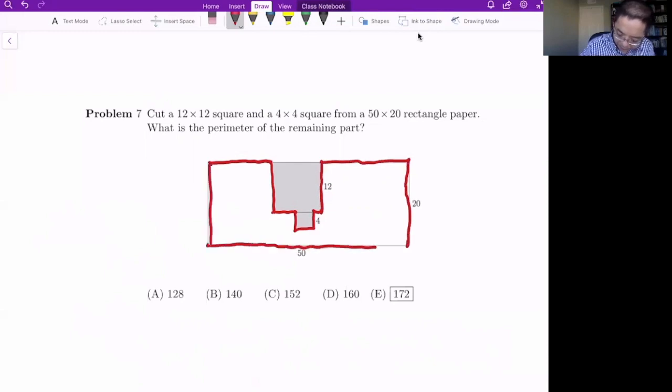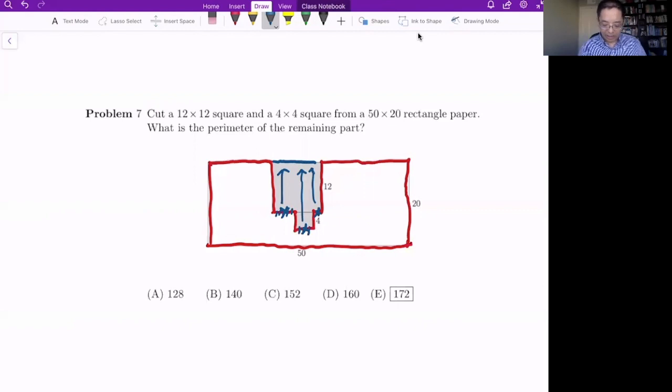Now let's observe this. If I put these 3 parts together, I can fill this one to that, to that. So that means I can erase this part, I can erase this 4.